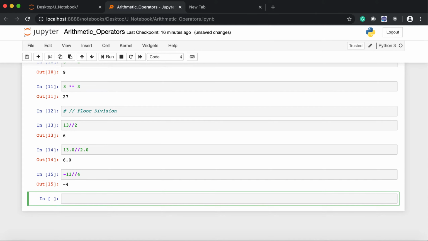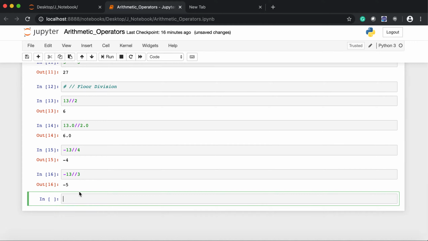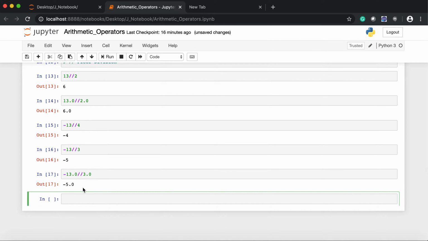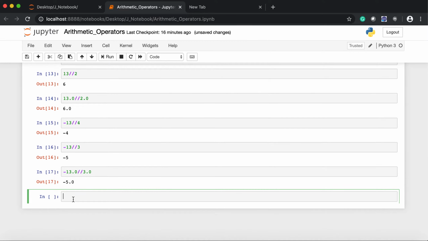And the same thing if I do minus 13 by 3, this is minus 5. You can see it goes to the next number, but because it is negative, it goes down to minus 5. The same thing with this, you can see the result is minus 5.0. Pretty much clear, I guess.